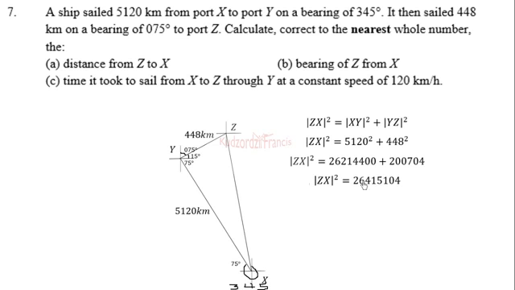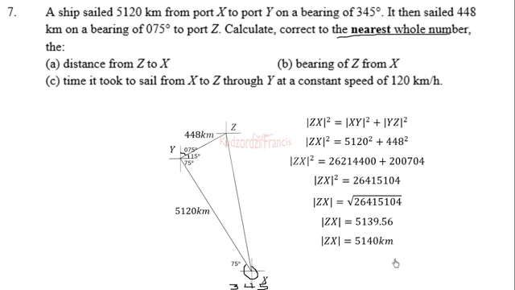This is a bit huge, so we take the positive square root of both sides, and that will give us 5,139.56 kilometers. The question demands that we calculate correct to the nearest whole number, and that will give you 5,140 kilometers.